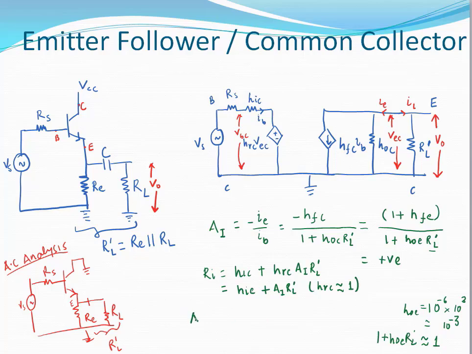So we can further write AI is equal to 1 plus HFE from here, and HFE is around 50 or 51, it comes around.